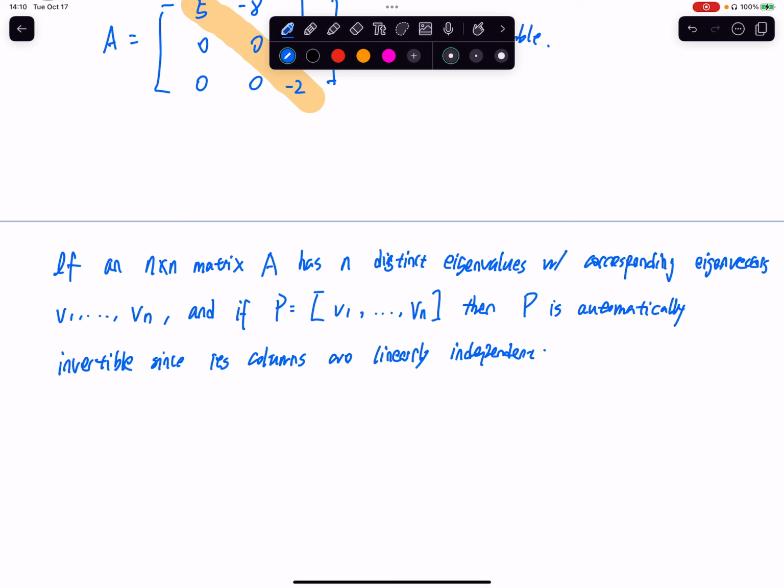And when A is diagonalizable but has fewer than n distinct eigenvalues, it is still possible to form a P in a way that makes P automatically invertible.